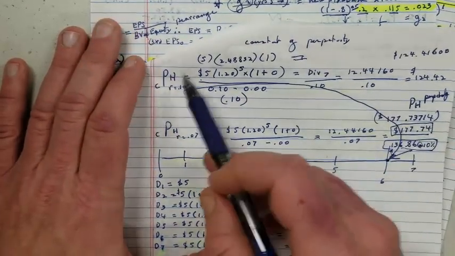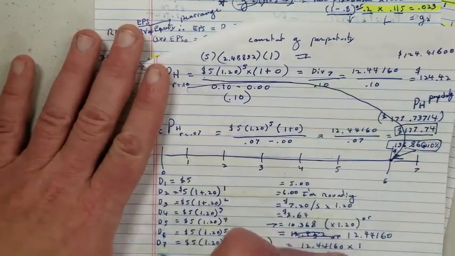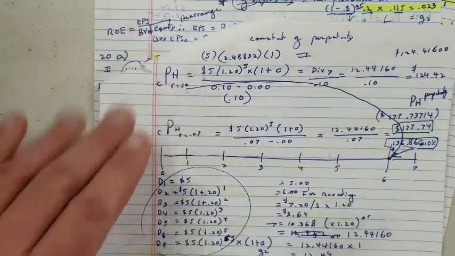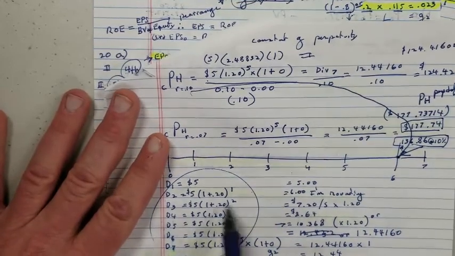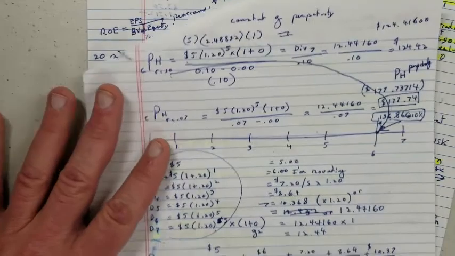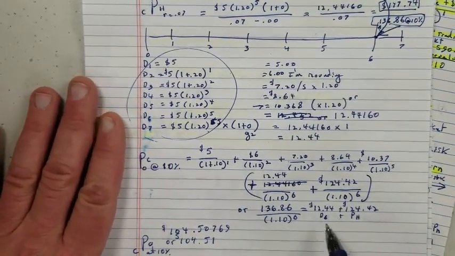But the first thing I do is I solve for the horizon value. Then I'm going to solve for the regular dividends that pay out across the years here. And I usually set it up like this, so I can spread them out and get them set up. The reason is I can actually pop this into the formula that we made, okay?